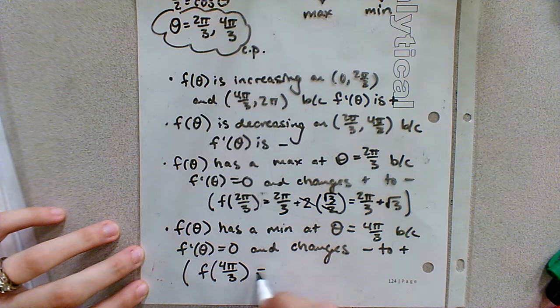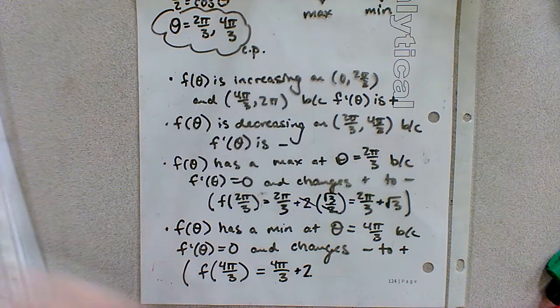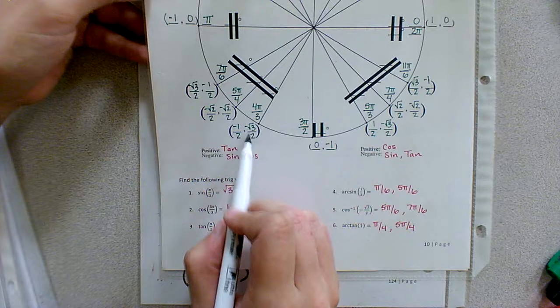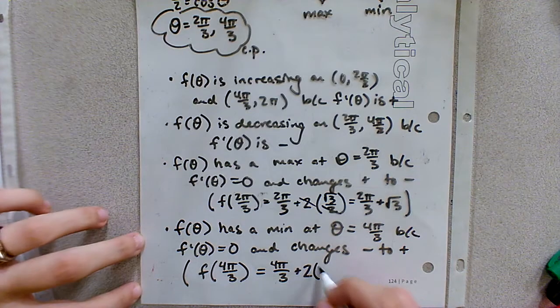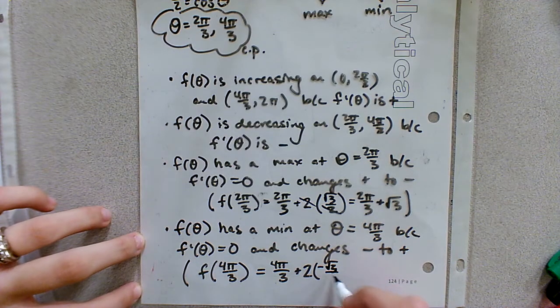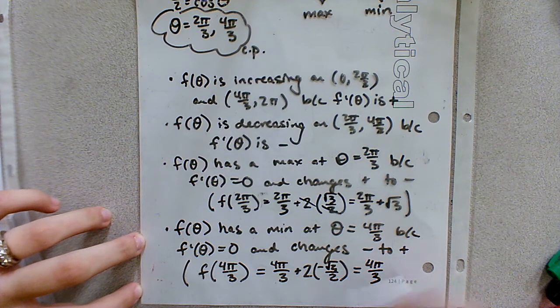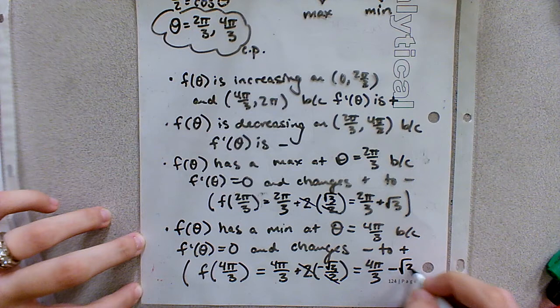So we'll plug in 4 pi over 3 into the original. We'll get 4 pi over 3 plus 2 times sine of 4 pi over 3. Unit circle, going to that spot. It looks like we have negative square root of 3 over 2 as the sine value. So we have 4 pi over 3 minus, because the 2's are going to cancel, that square root of 3.